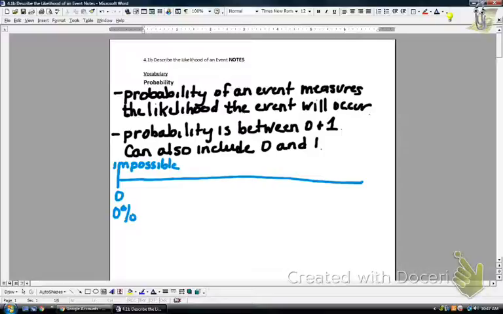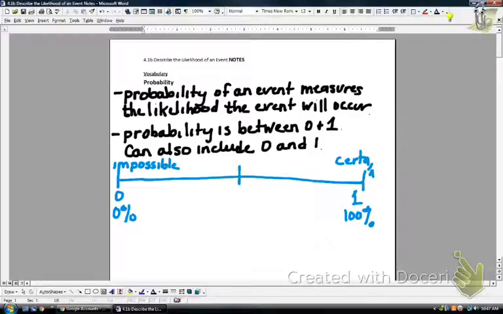It's impossible. If it's 1 or 100%, then we say that the likelihood of that event occurring is certain. So if you have a 100% chance of thunderstorms, then it is most certainly going to rain.